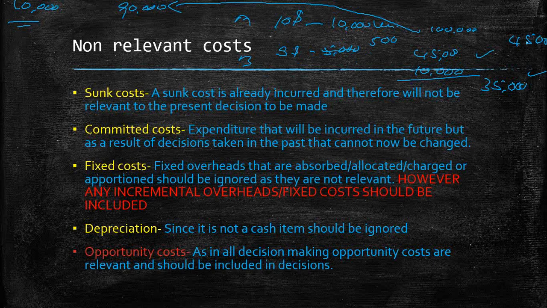But the moment I sell 500 units, this man is telling me, hey, you sold it to him at 9, give it to me also at 9. So then, my gosh, on the 10,000, I'm going to come down from 100,000 to 90,000. So I lose 10,000. By trying to gain 4,500, I have lost 10,000.